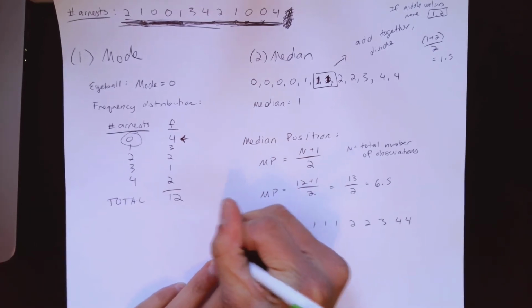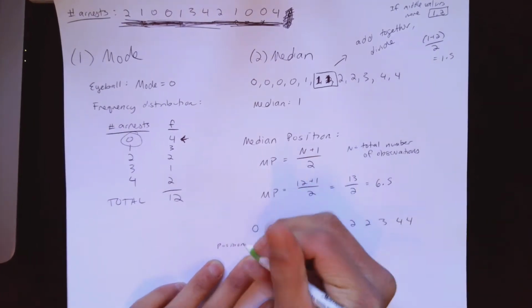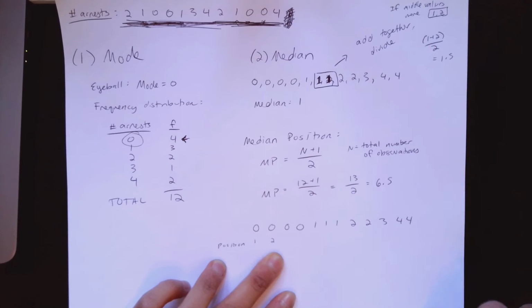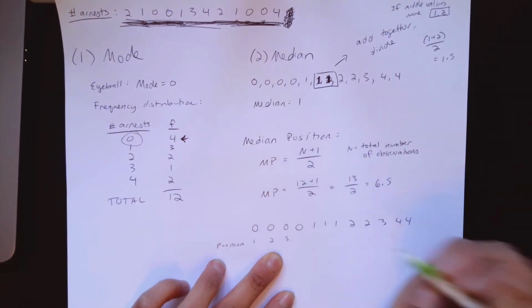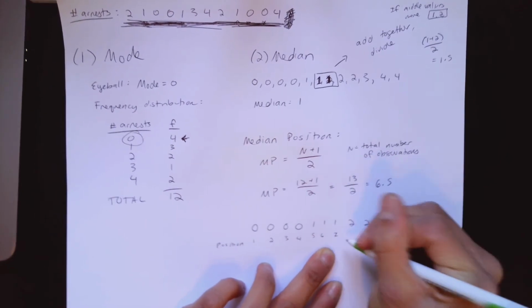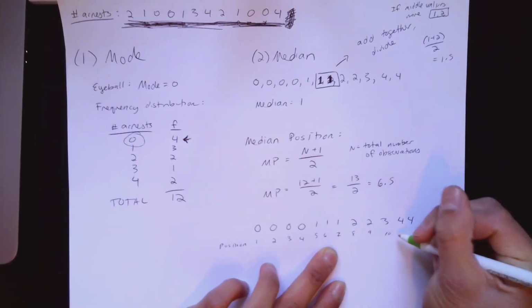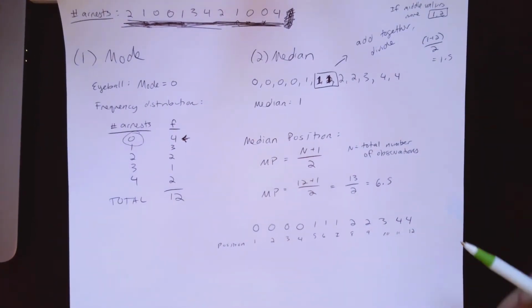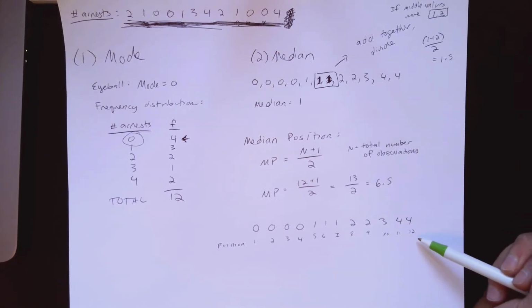So this one has a position of 1, this one has a position of 2, this one has a position of 3, and so on, all the way up to here, where this one at the end has a position of 12.